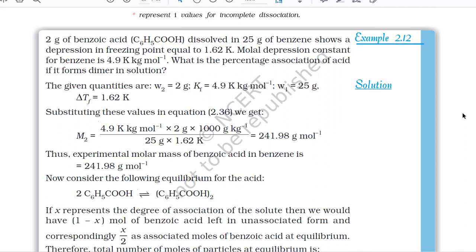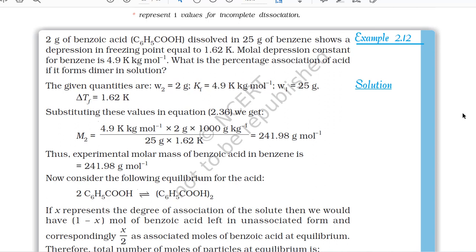So the given quantities are W2 = 2 gram, Kf = 4.9 K kg per mole, W1 = 25 gram, ΔTf = 1.62 K. Substituting these values in equation 2.36, we get M2 = (4.9 K kg per mole × 2 gram × 1000 gram per kg) / (25 gram × 1.62 K) = 241.98 gram per mole.